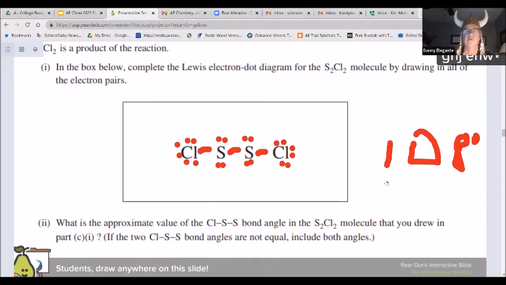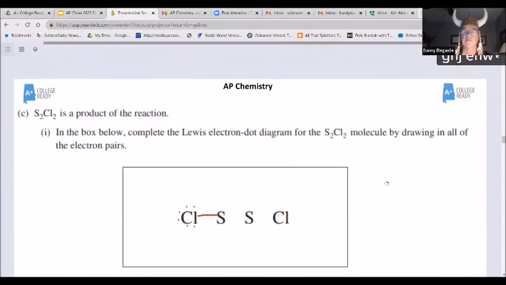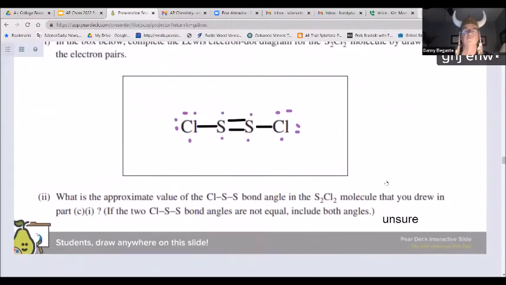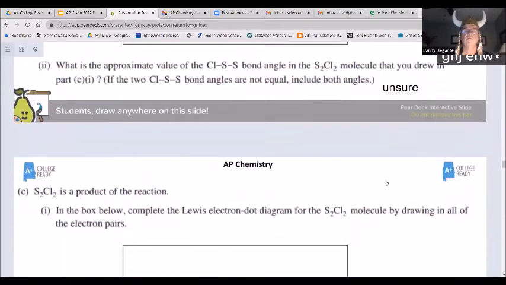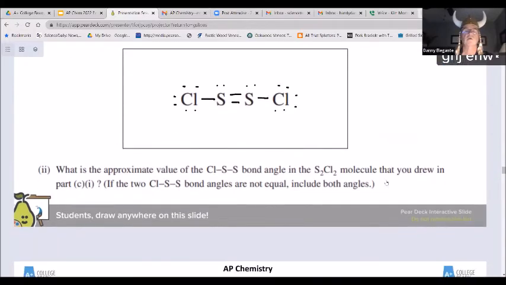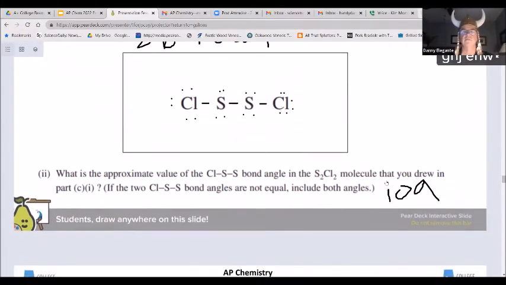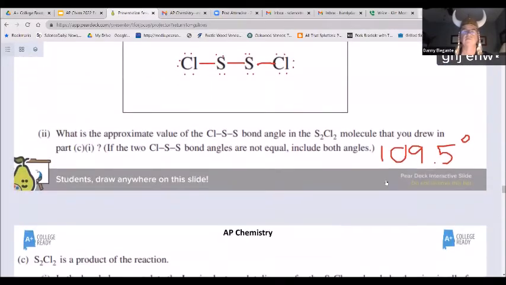So make sure every element, the chlorines and sulfurs, each has 8. There's 108, 109.5. All right, there's another double bond. So far, so good.